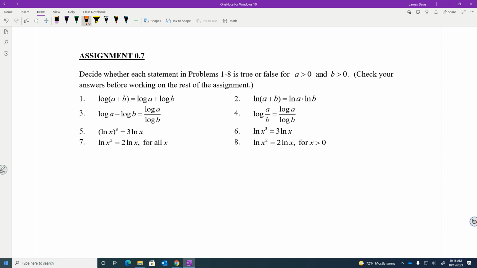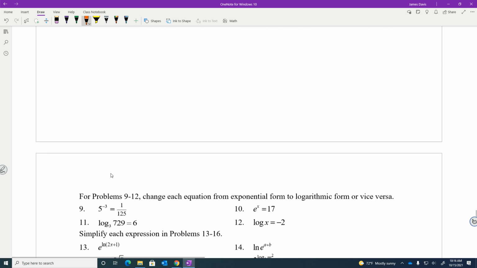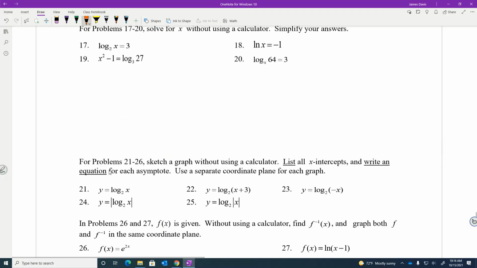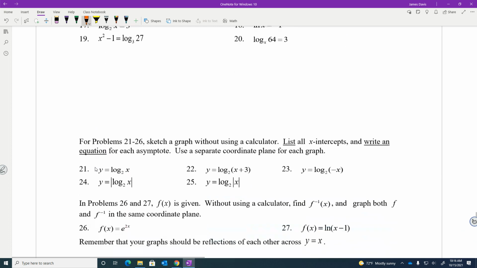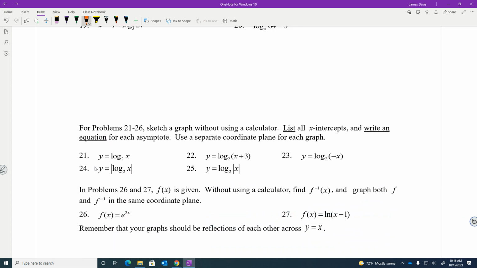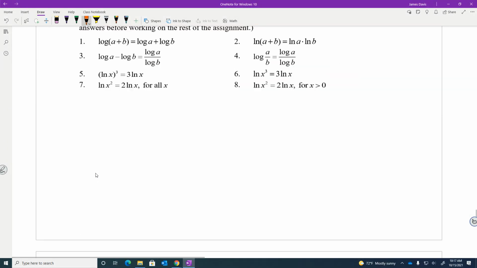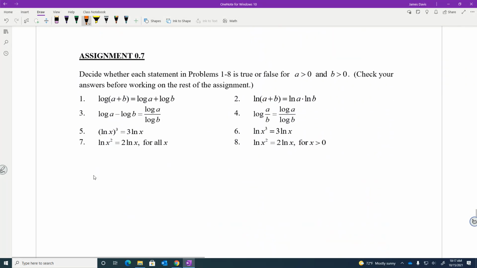But I was thinking maybe you could do either all of the evens or all of the odds. I don't really want you to do the sketches though. So we're doing either the evens or the odds, whichever one would be easier.